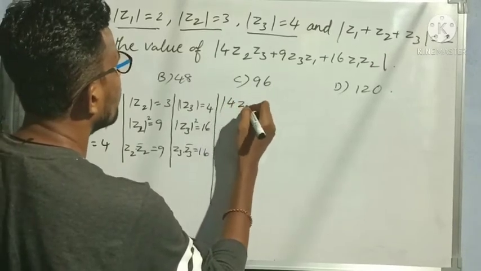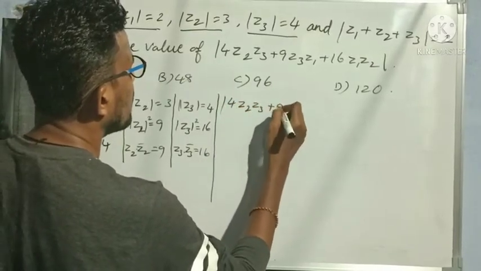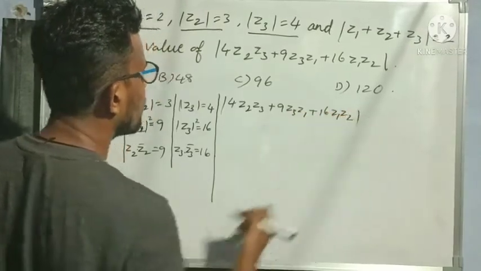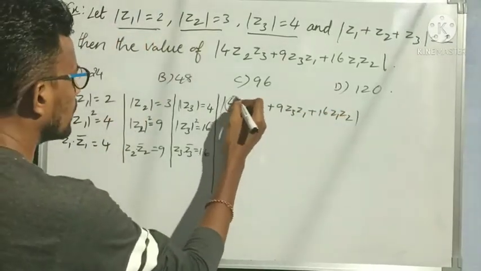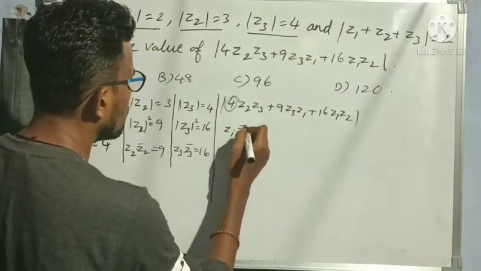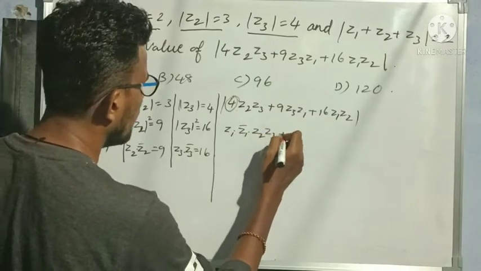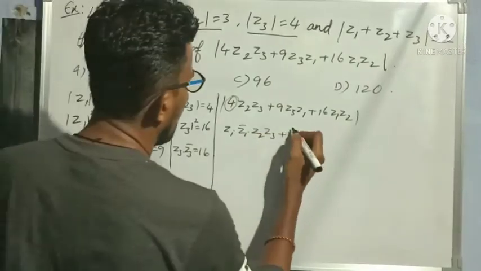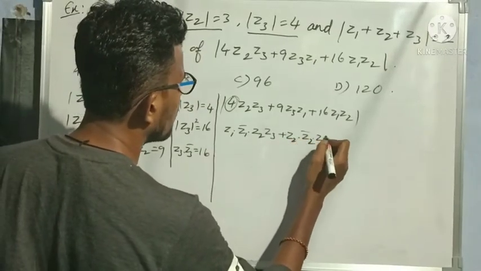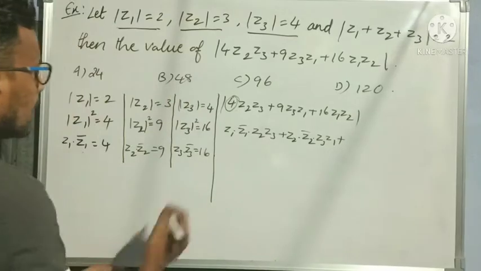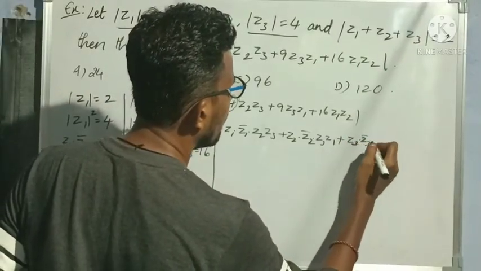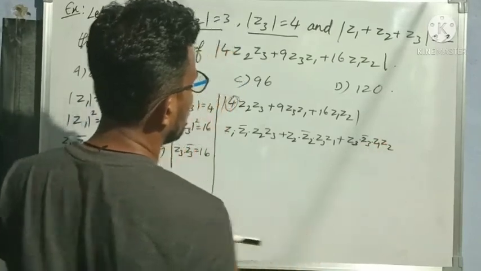Let us come to our original question now. Modulus of 4z2z3 plus 9z3z1 plus 16z1z2. Instead of 4, I can replace 4 with z1 into z1 bar, so z1 z1 bar z2 z3. Again, 9 I can replace with z2 z2 bar z3 z1, plus again 16 I can replace with z3 z3 bar z1 z2.